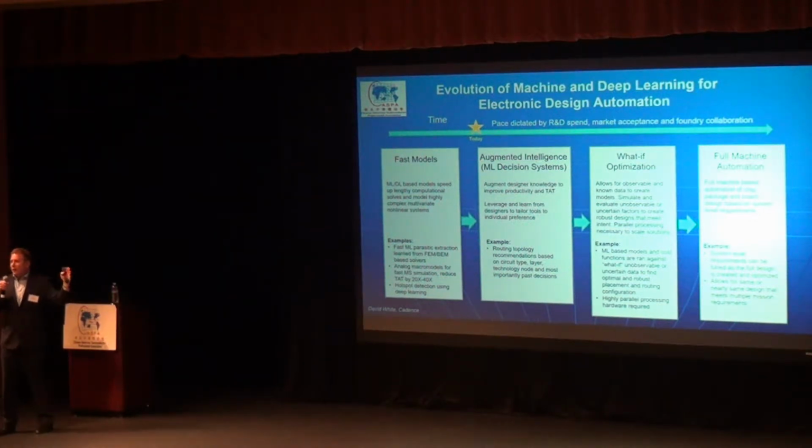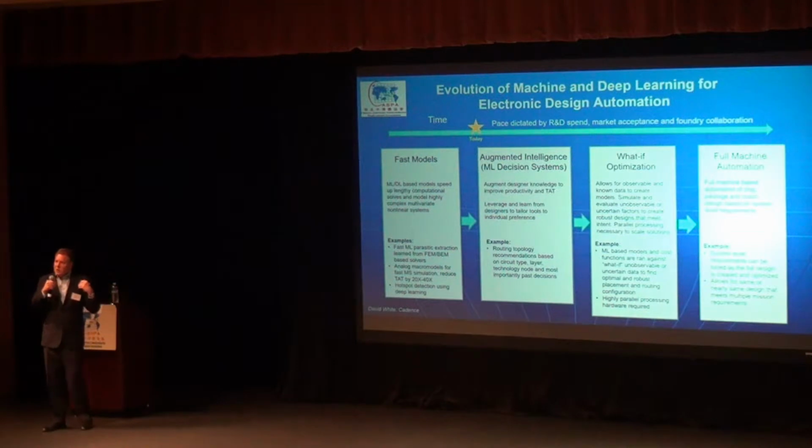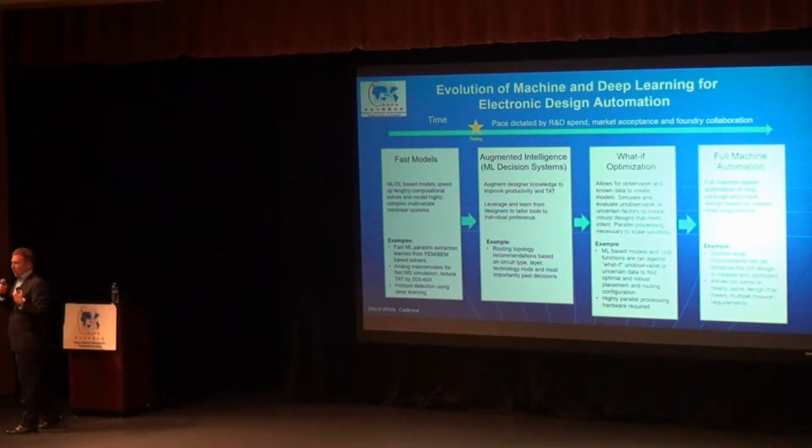And as we all know, when you introduce methodology changes into design flows that have been around for many, many years, there's going to be some resistance to that change. So market acceptance is really important. And then lastly, our foundry partners. Foundry collaboration is important to making this flow happen, and we need really strong collaborations with our foundry partners to make this happen as well.